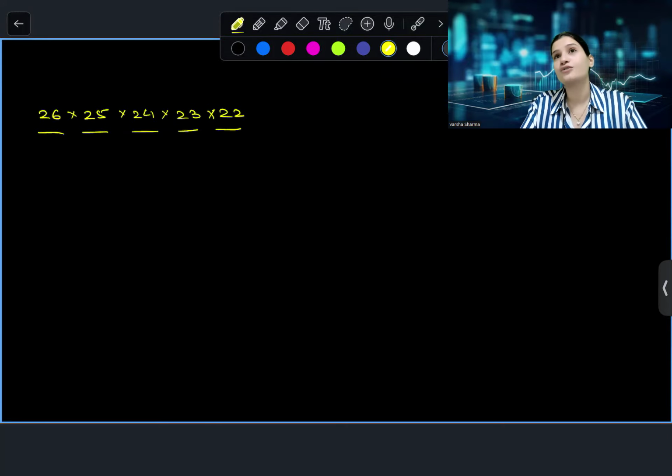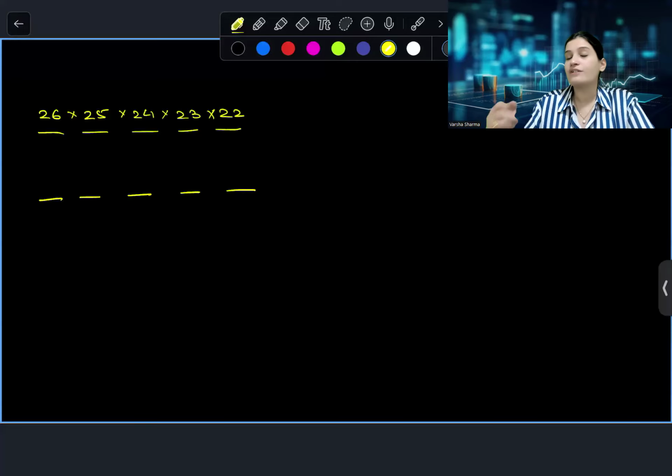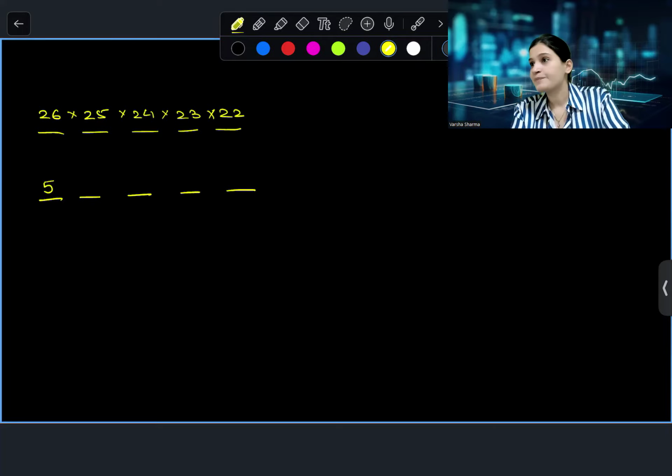Now in the same sum, if I put up restrictions, for example, your word should start with a vowel, then we first think about the first position which has a restriction. So the first place has to be filled up by a vowel. There are how many vowels? There are 5 vowels. So the first place can be filled by any one of the 5 vowels. Now there is no more restriction on the rest of them.